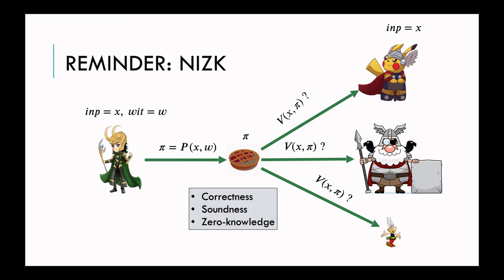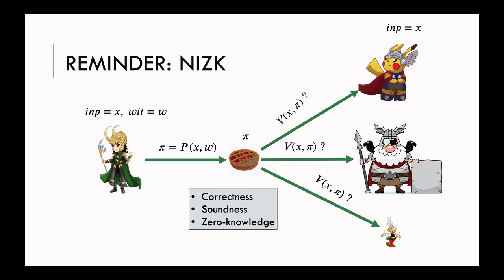A non-interactive zero-knowledge proof is supposed to be correct, which means that if X belongs to the language, then an honest verifier accepts. It is supposed to be sound, which means that if X does not belong to the language, then an honest verifier does not accept.